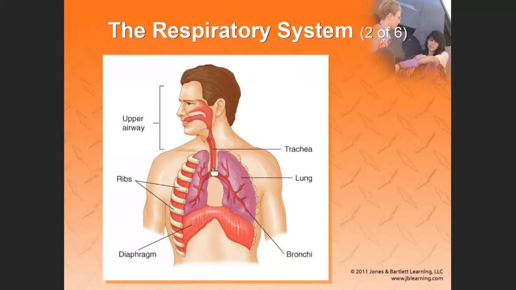The trachea goes down and forms the bronchi, which further break down into bronchioles, and at the end of each bronchiole there are air sacs, where the exchange of oxygen and carbon dioxide occurs.